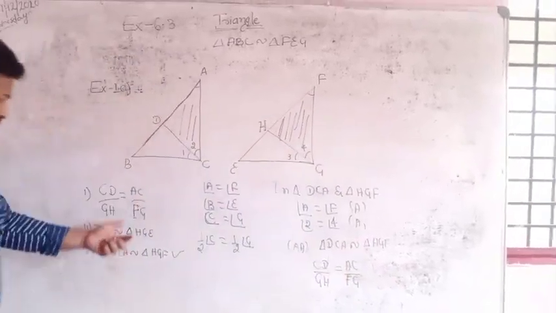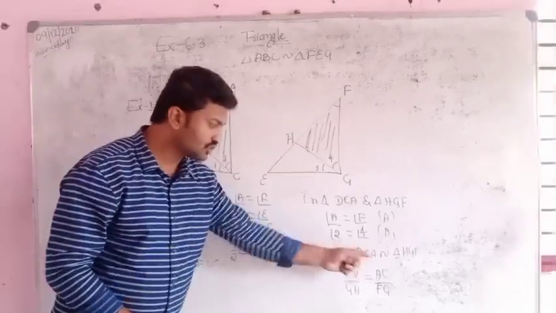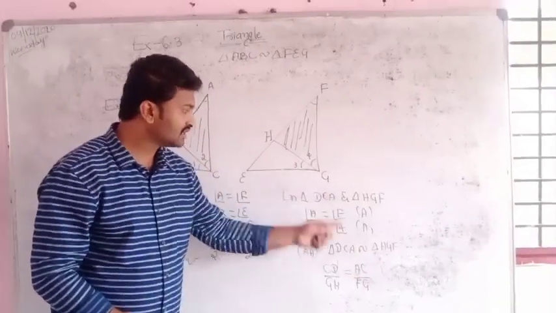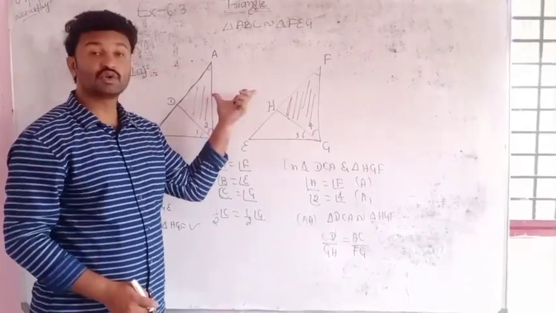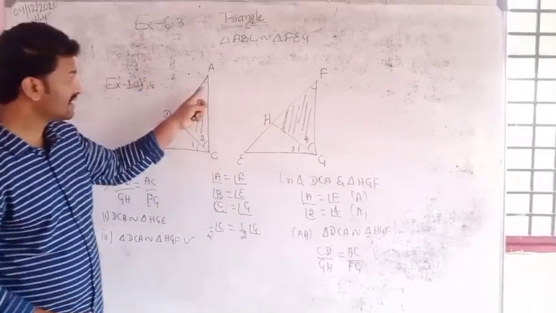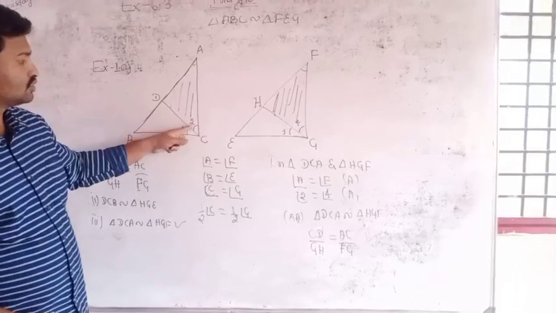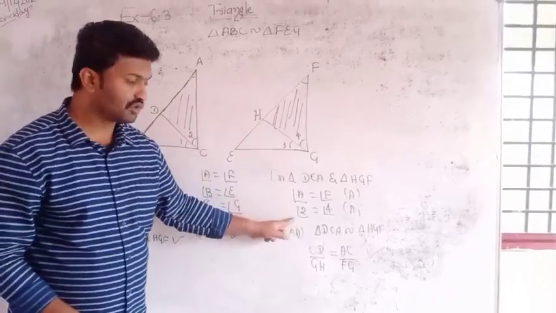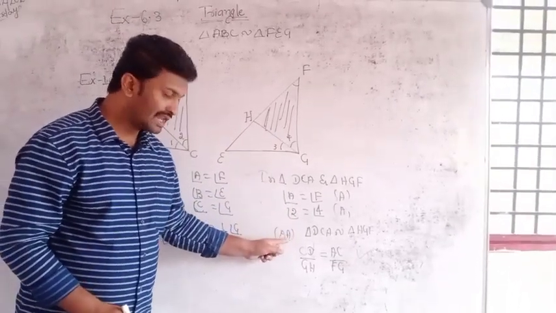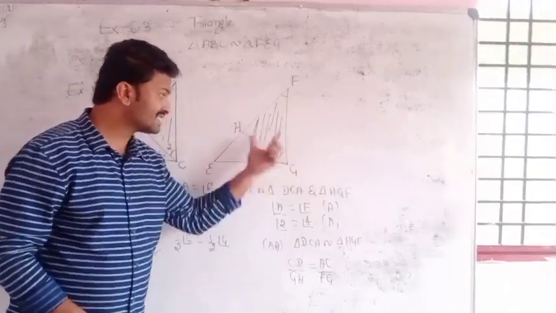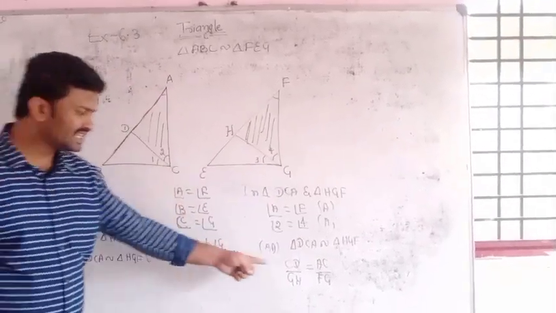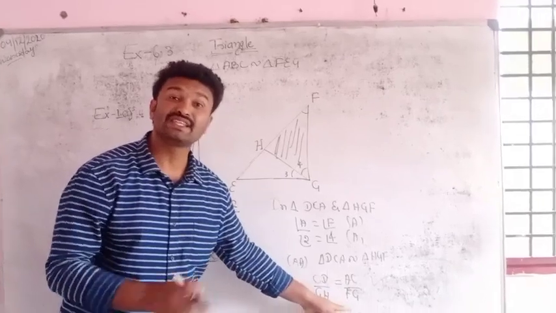Clear? We got the second one, the first one also and the last one also. The first one we proved: both the triangles are similar by angle A equals angle F, and this one angle 2 equals angle 4. Therefore, by the angle criteria, both triangles are similar, and this one is like CPCT.